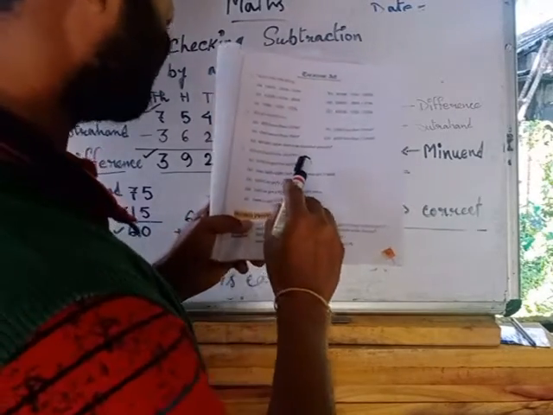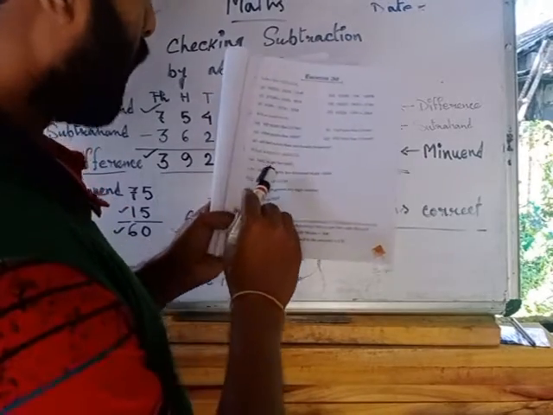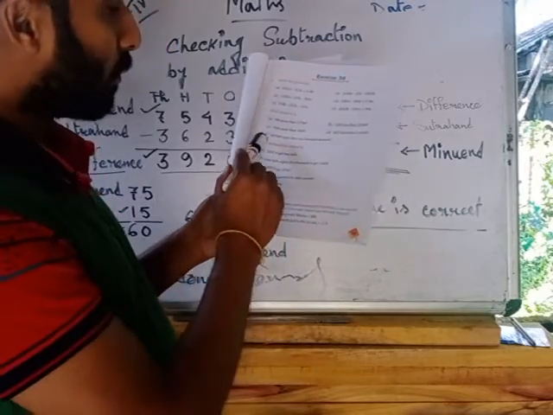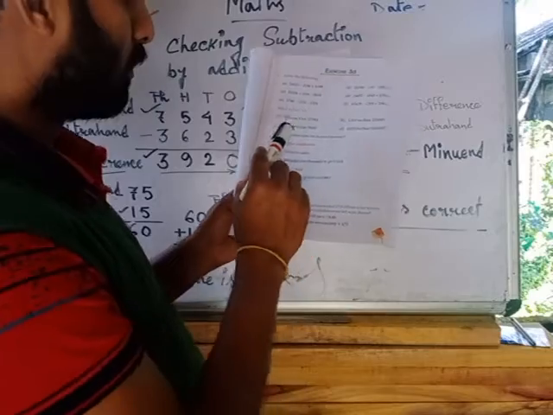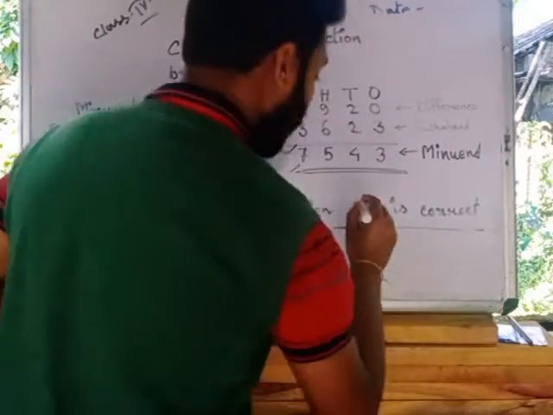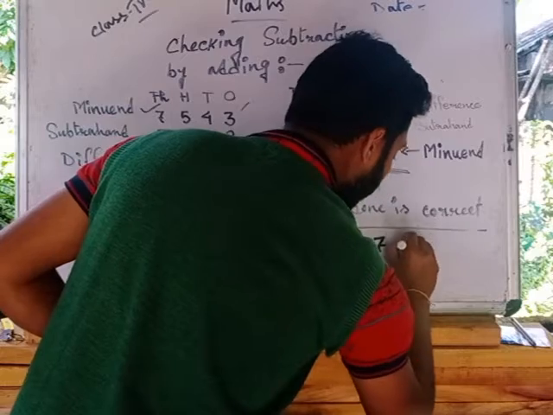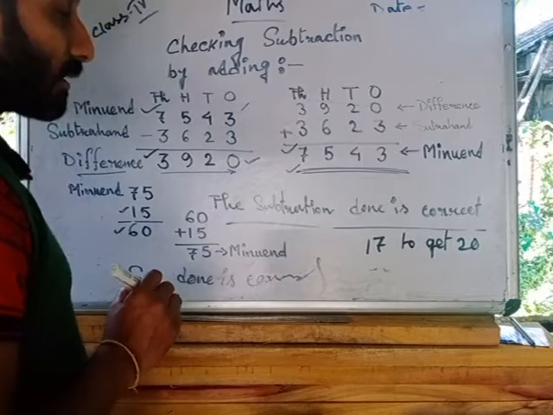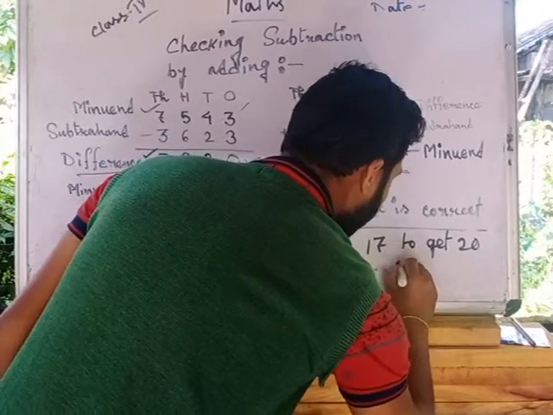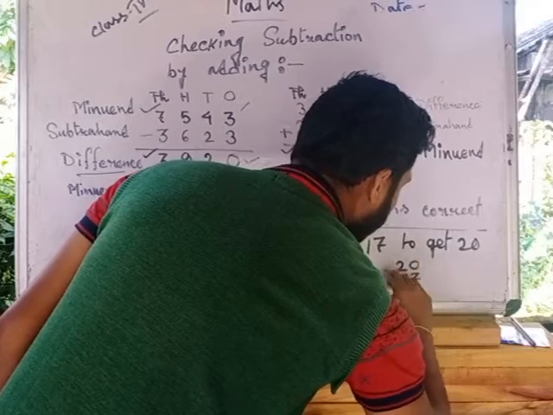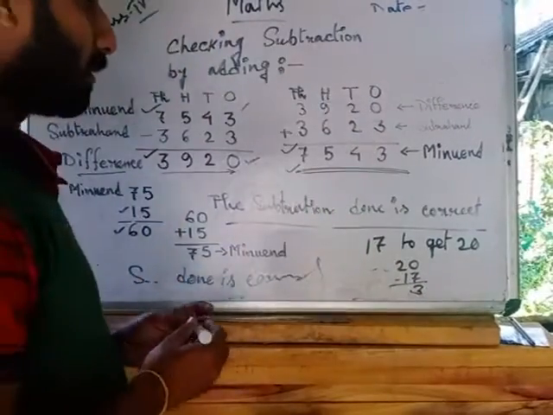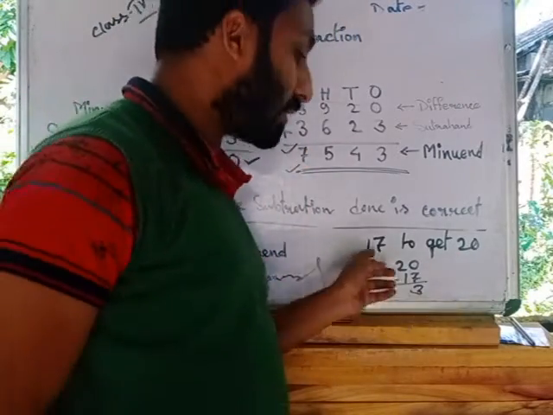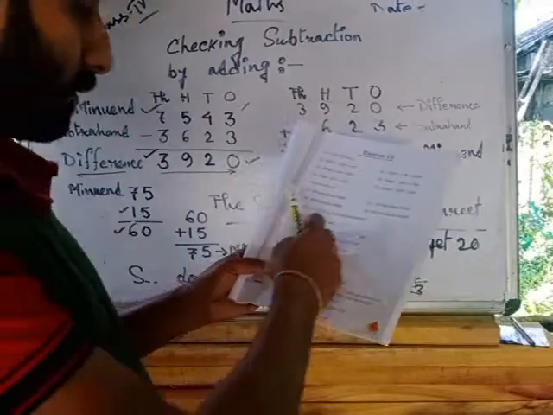That means you should subtract 5,432 from 2 lakhs. Suppose like this, to get 20 from 17, you should subtract: 20 minus 17 is 3. That means if you want to get 20, you should add 3 with 17. Okay.